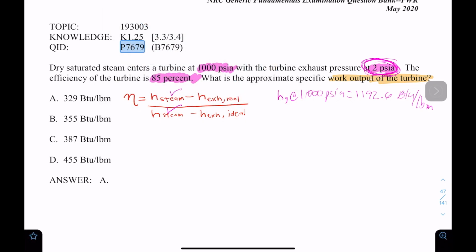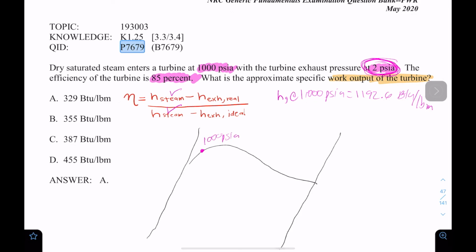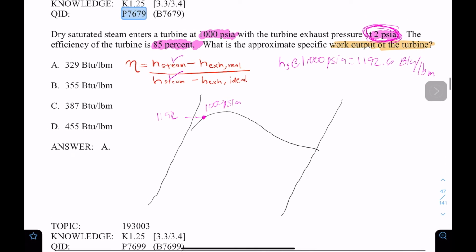So I have my thing here, right? So I have to go to the point where I have the 900. I'm sorry, not 900, the 1000 psia saturated line, and that's gonna give me the 1192 BTU, right? I'm saturated. Then I have to go all the way down to where I cross, and I'm just gonna make them more steep so it makes more sense.